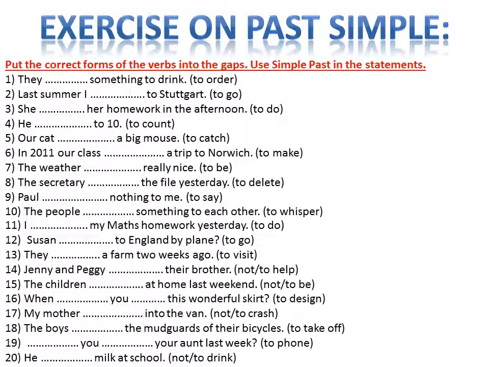I went to Zagreb. Go is an irregular verb. The second form of go is went. Number 3. She her homework in the afternoon. She did her homework in the afternoon. Number 4. He to 10. He counted.